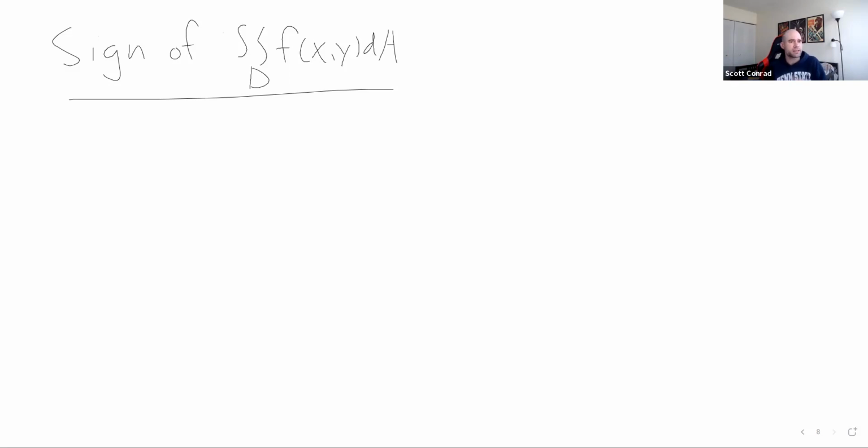We've sort of talked about this here. We know when the integral is 0: if our function is x odd and we're symmetrical in the x direction, or y odd and the region of integration is symmetrical in the y direction, then we know the integral is 0. But what about if it's not 0? How do we know if it's positive or negative?